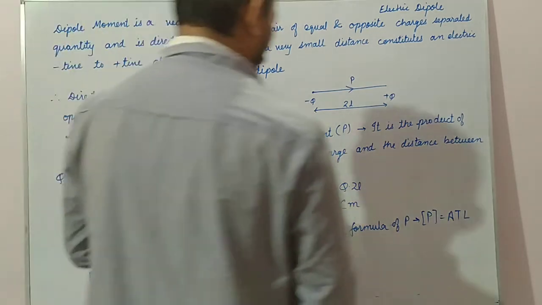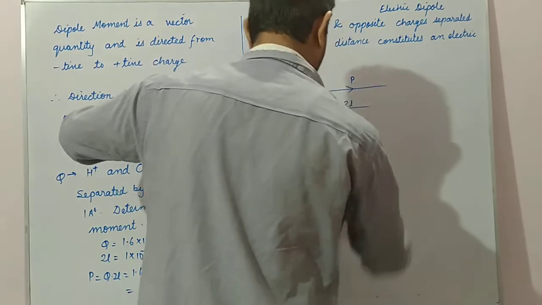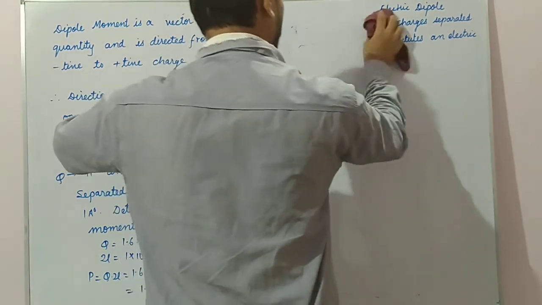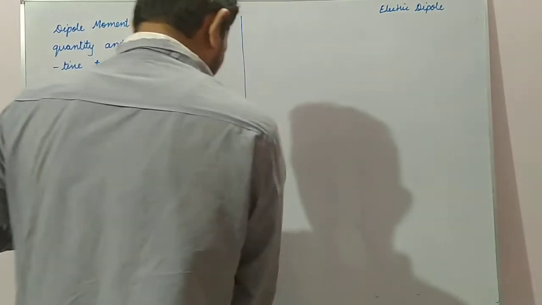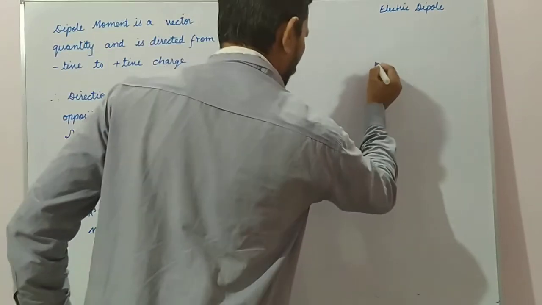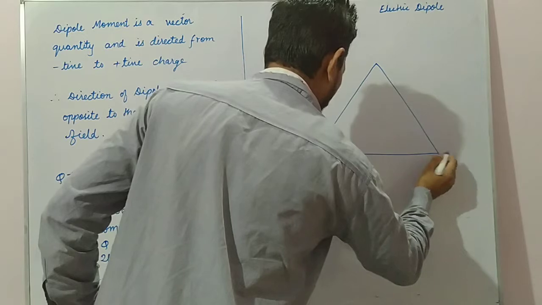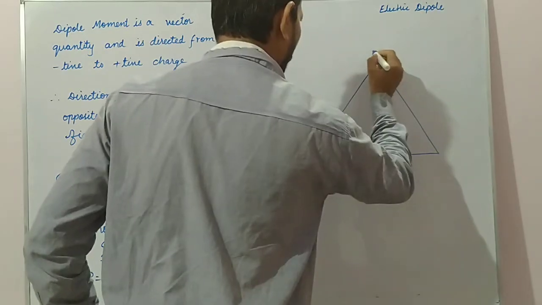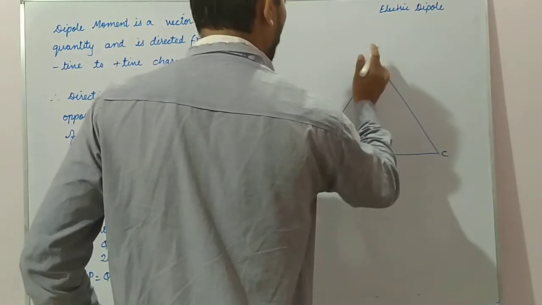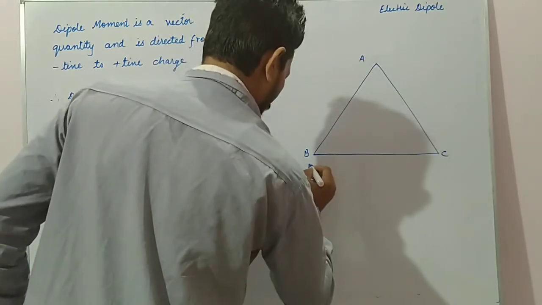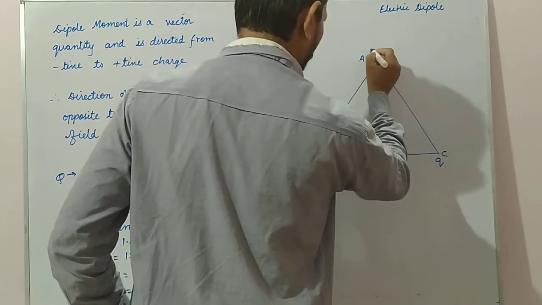One more sum related to this we can find out. See here, this is an equilateral triangle, with vertices A, B, C. Here the charge at two vertices is q, and this one is minus 2q.